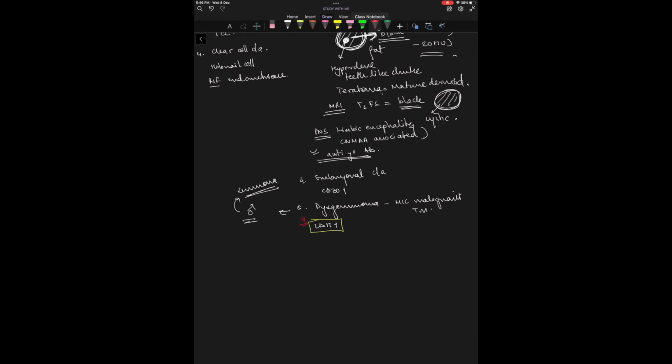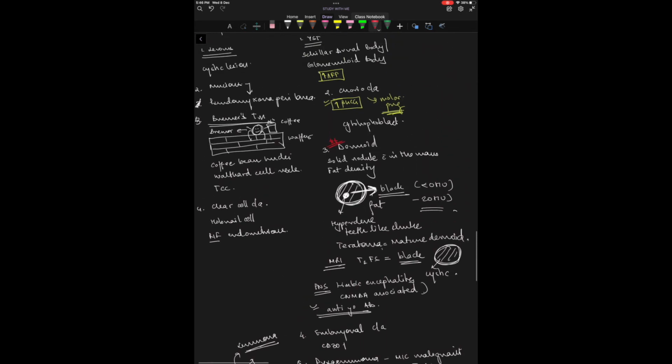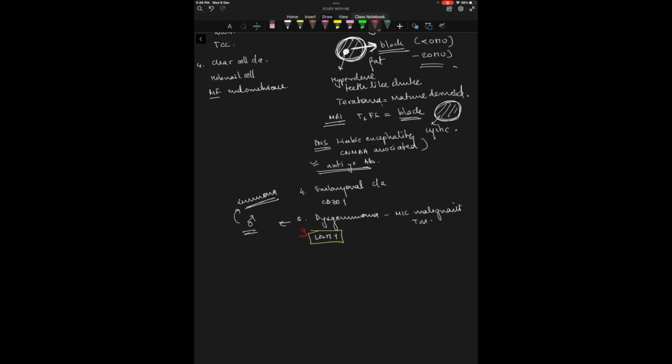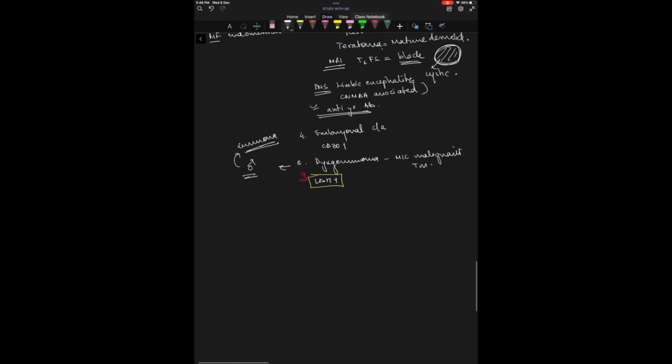They had given LDH, alpha fetoprotein, and some more markers, I don't remember, and you have to match them with their tumors. So these serum markers are very important. Then like seminoma, it is OCT3/4, NANOG positive, PLAP, HCG.